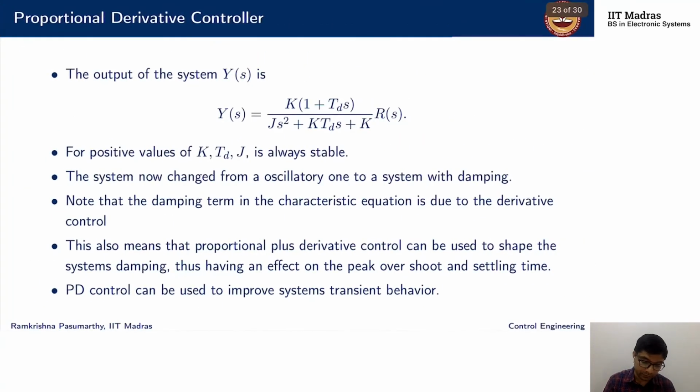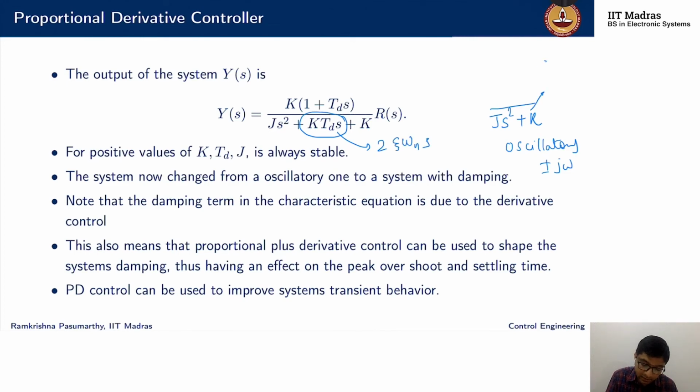Now the closed loop system takes this form. What was originally in the denominator only Js squared plus k, which gave only an oscillatory response because of roots only on the imaginary axis, now has an additional term. This term denotes 2 zeta omega s.